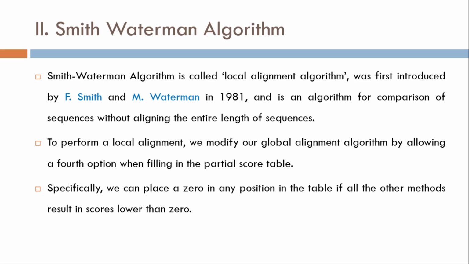To perform a local alignment, we modify the global alignment algorithm, the Needleman algorithm, by allowing a fourth option when filling the partial score table. As you remember, in the Needleman algorithm you compare among three scores, and whichever score is the largest, you put in the cell.